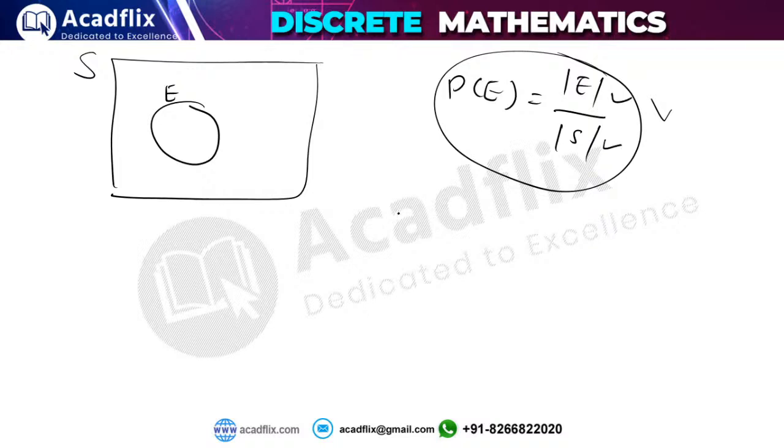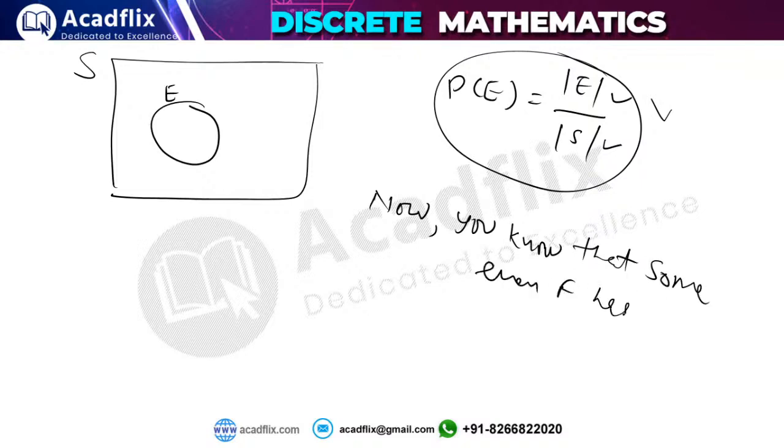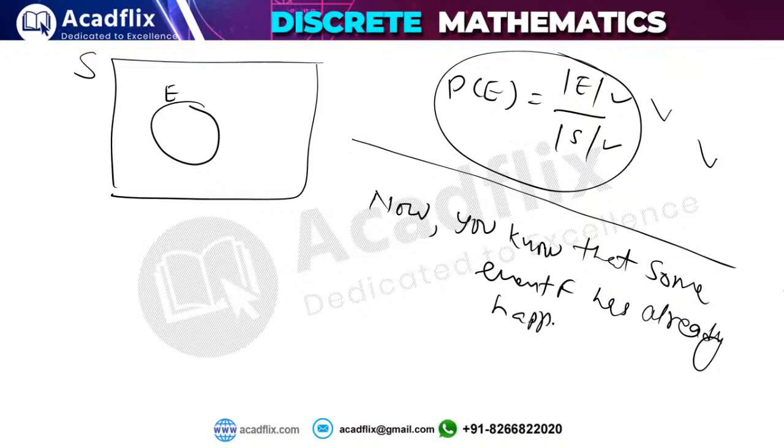But now what is happening? Now you know that some event F has already happened. Remember, this answer was before you knew anything. Now you have additional information that this event F has already happened.